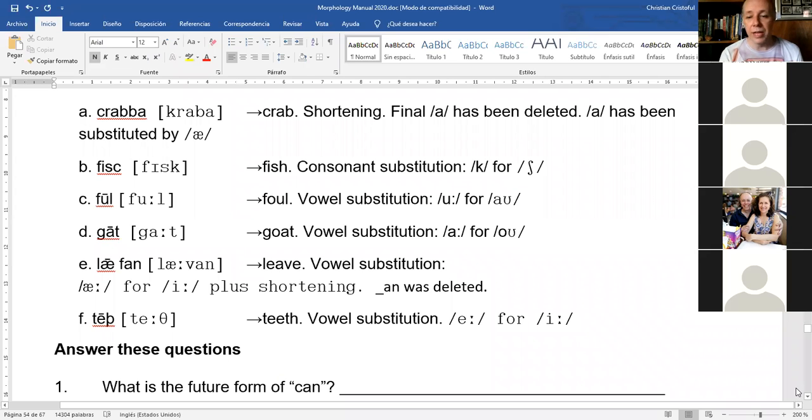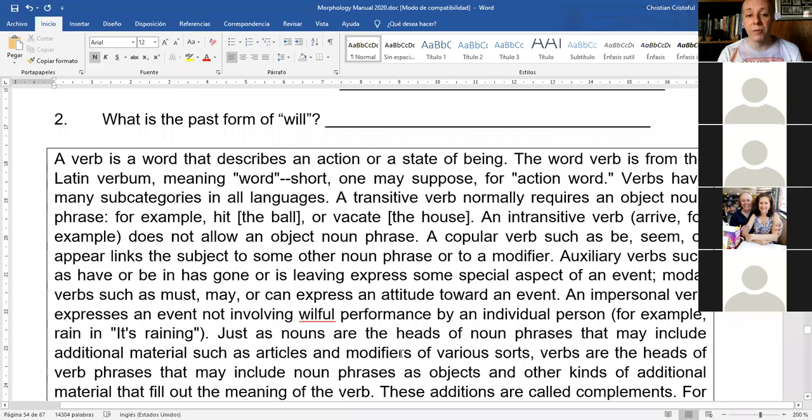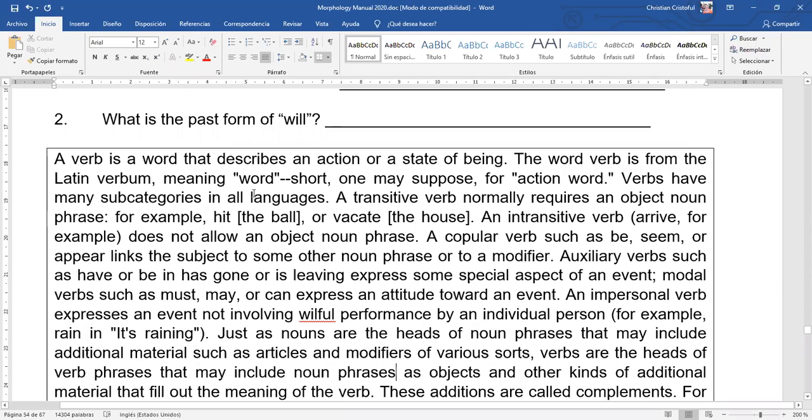Very good. Today we're going to talk a little bit more about verbs, and notice what it says here. This is very important. It says a verb is a word that describes an action or a state of being. So two things, not only action, because whenever I ask for the definition of verb, people tend to say it's an action, but not always an action.